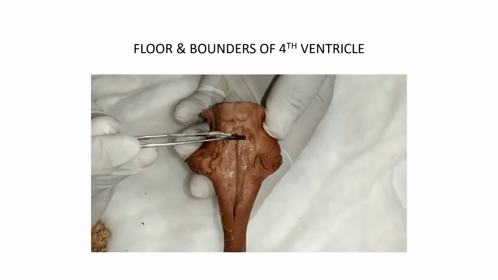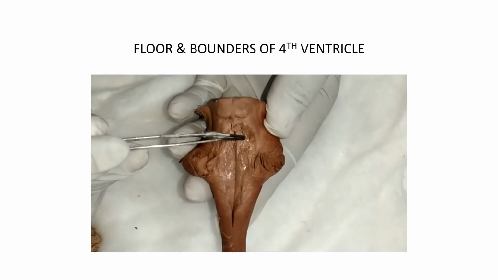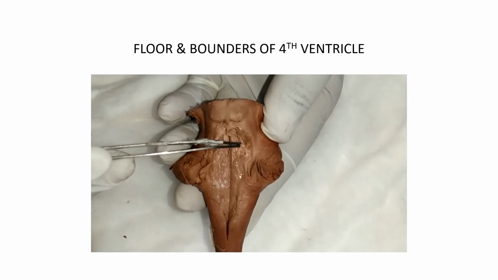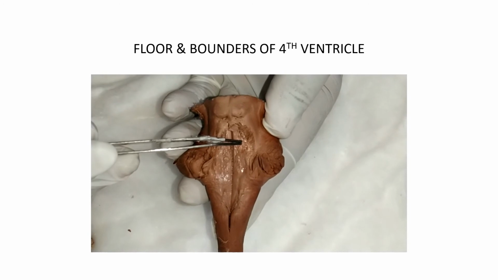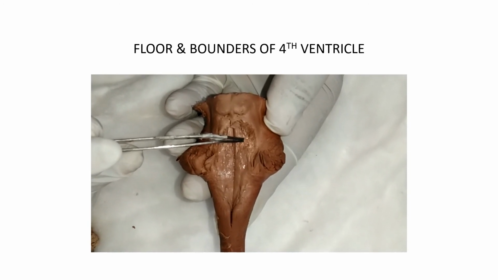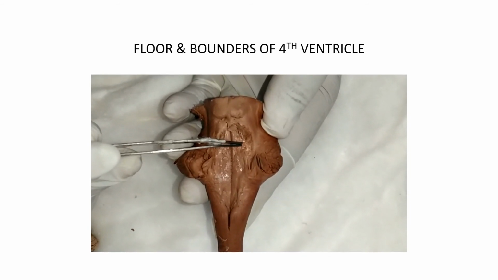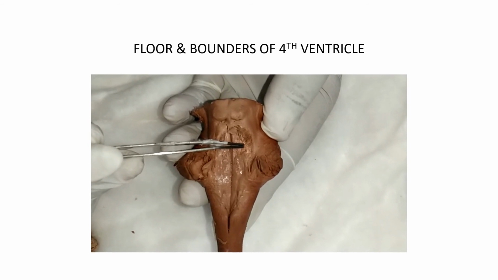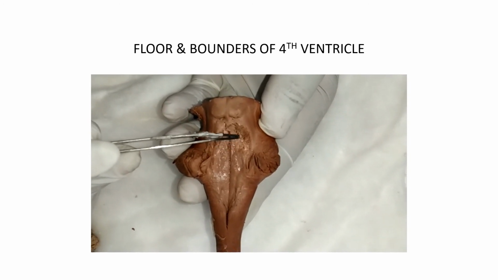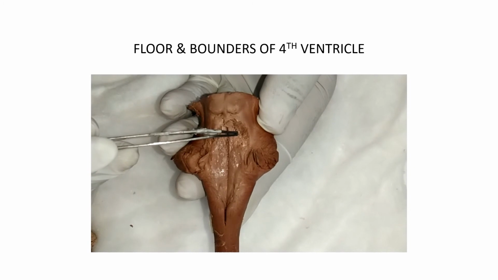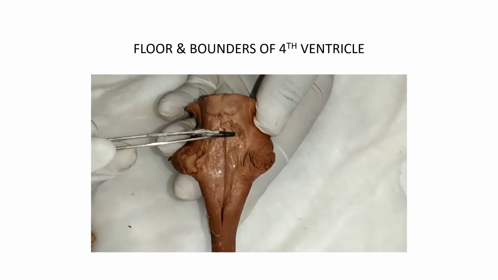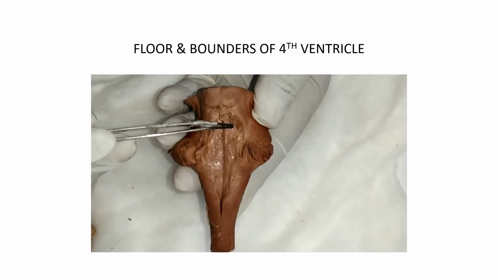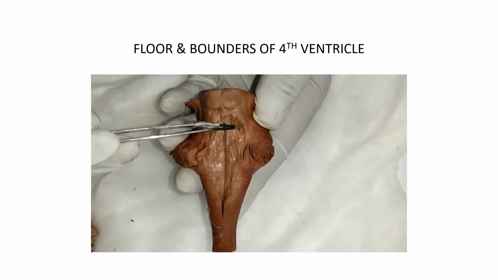Over here, the bluish grey area is called the locus ceruleus, and the color is imparted by the underlying group of nerve cells containing melanin pigment, which constitute the substantia ferruginea.